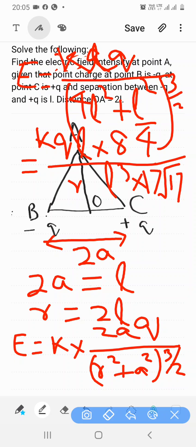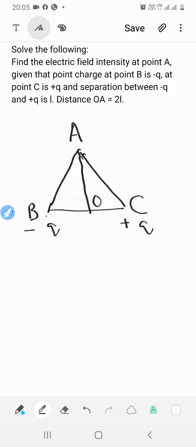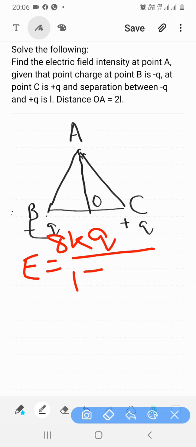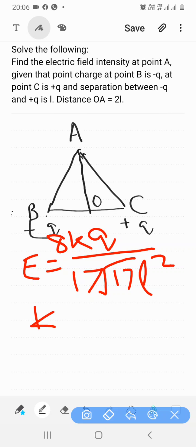I again repeat it, E is equal to 8 KQ upon 17 root 17 L square, where K is equal to 1 upon 4 pi epsilon naught.